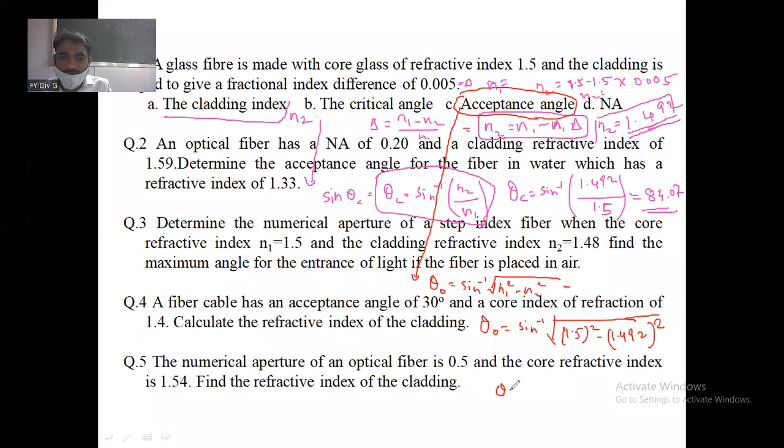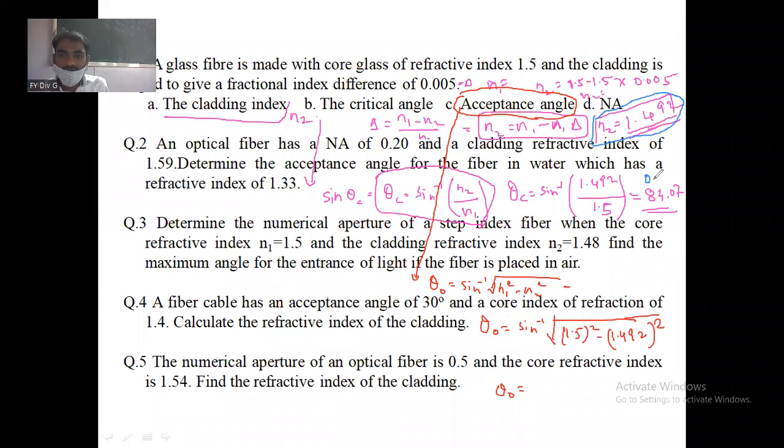Okay, so tell me the final theta 0 is equal to... आपल्याला भेटलेत बघा, दोन्हीचे आन्सर भेटलेत. n2 refractive index of the cladding region.